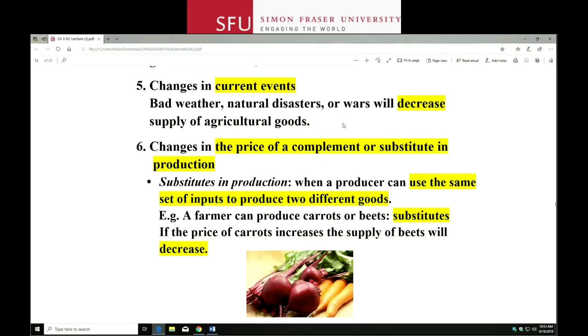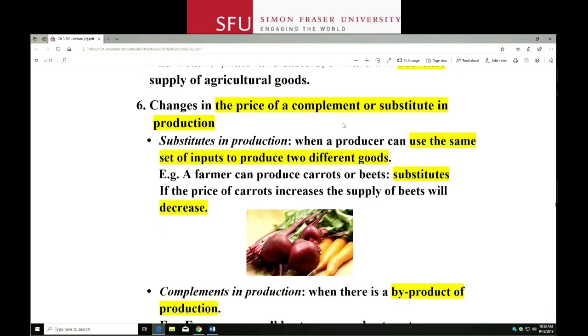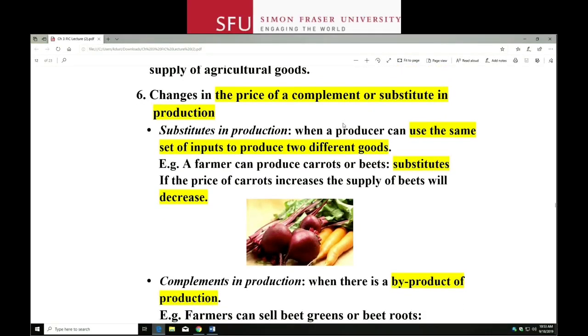Okay, complements are when something is produced together at the same time, or there's what we call a byproduct of production. One example that I heard about a while ago, and it wasn't in Canada, it was some other country: they found a use for cow poop.